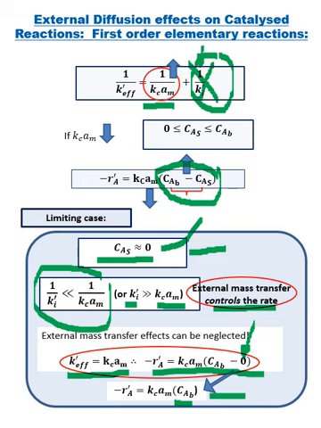What the implication is that you will never discover whether the rate at which I can eat chips will depend on whether my chips plate contains 1,000 chips or 10 chips, because I will always have an empty plate. I will never be able to see what the effect of the concentration is on my rate, because I will always measure a first order rate if external mass transfer controls the rate.